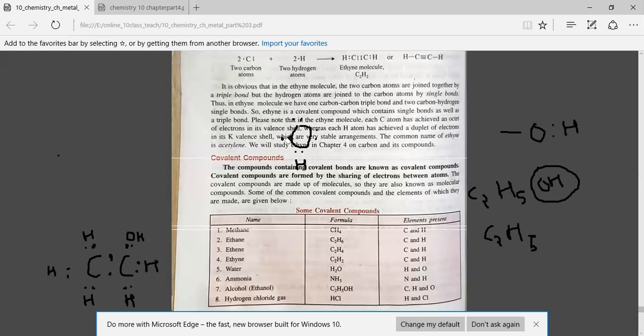One electron remains unshared for this, and this one electron also remained unshared. So the sharing of this left electron between the two compounds will occur. So we have this OH here, and the octet of each element will be completed.